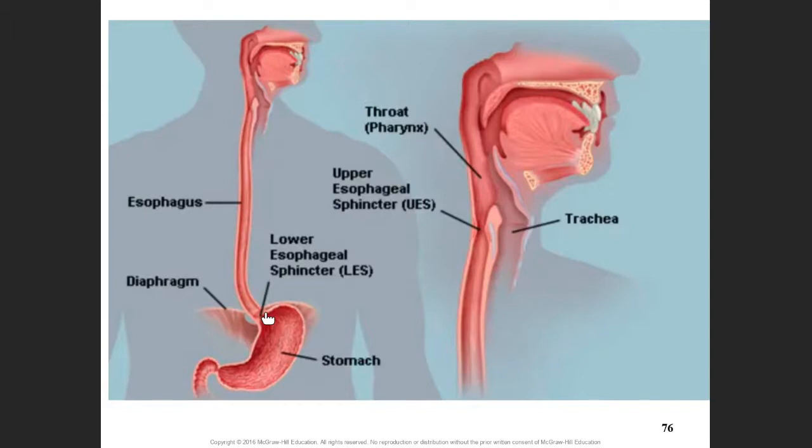This sphincter is not strong enough to prevent refluxing back from the stomach to the esophagus. Because of that, we have the muscle of the diaphragm, which can help the lower esophageal sphincter to prevent backflow or regurgitation of the food from the stomach to the esophagus.